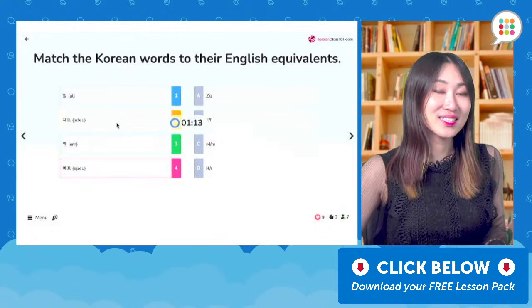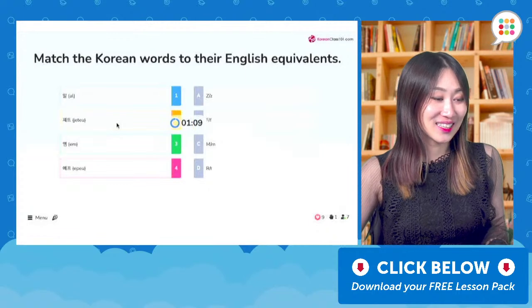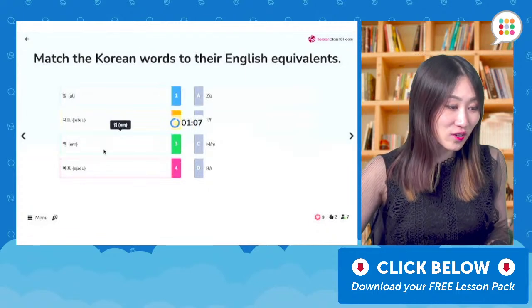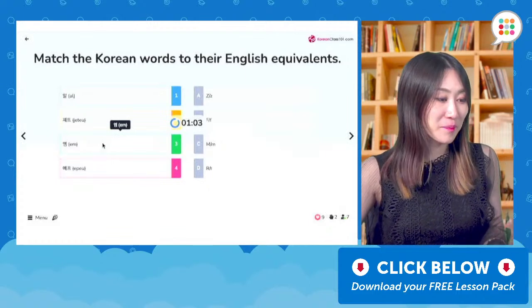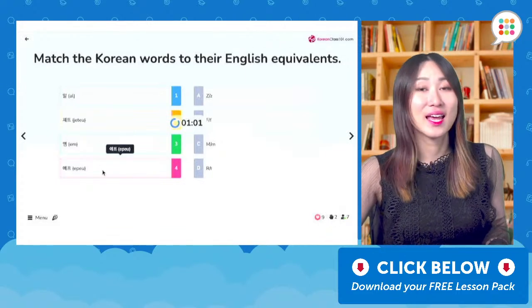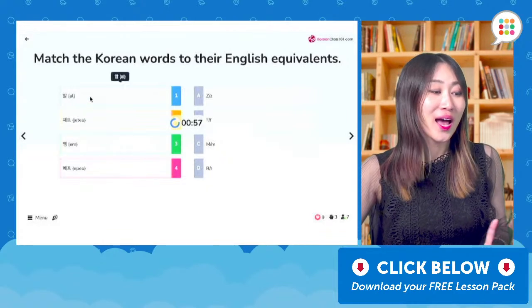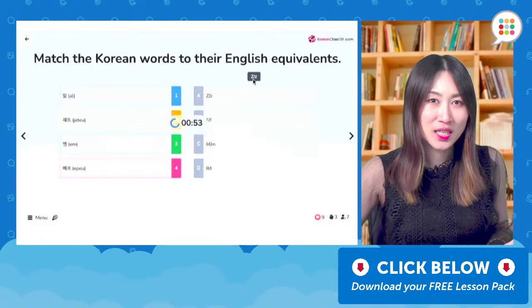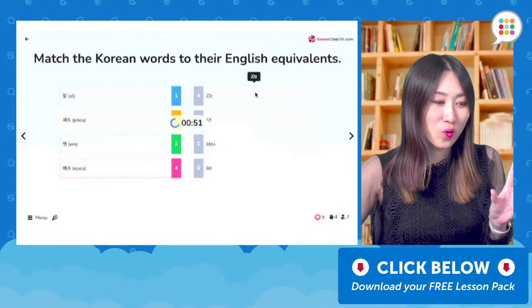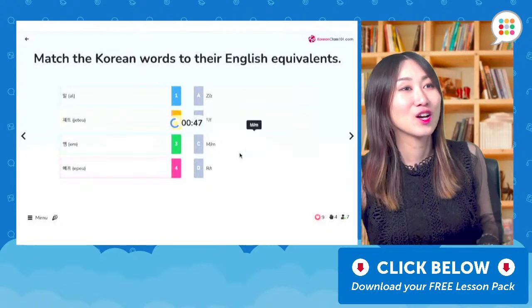The second one is Z. And the third one is M. The fourth one is F. So R, Z, M, F. And if the letters are too small, I read it out. This is Z, F, M, R.